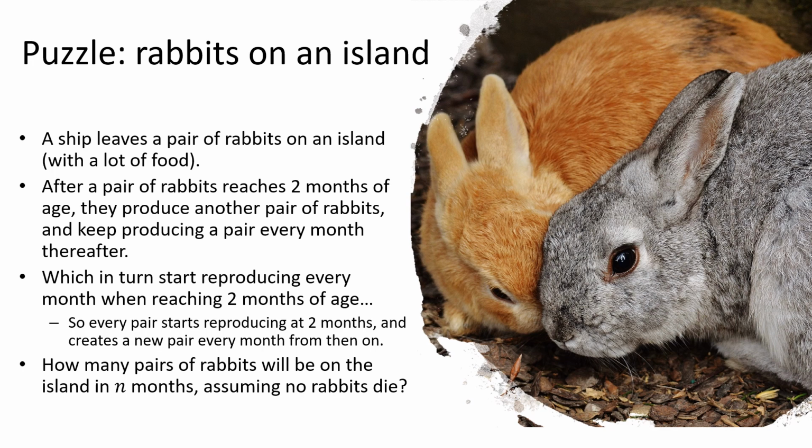At 3 months, it becomes 3 pairs of rabbits because the first pair produced another one. And then next time, both the original pair and the first pair being born produce a pair of rabbits each, and then it goes from there. So how many pairs of rabbits will be on the island in n months?